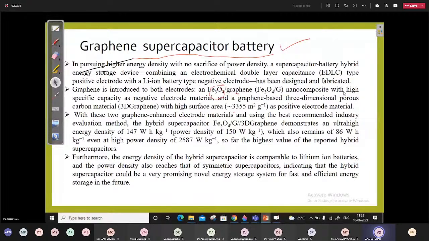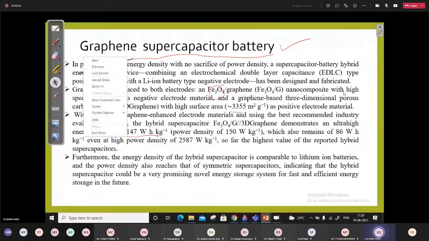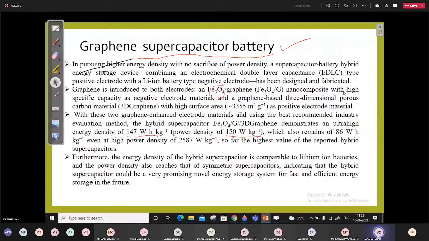And what they have observed is that it offers an energy density of 147 watt-hour per kg with a power density of 150 watt per kg, so that is an equivalency between energy density and power density. But this will also offer 86 watt-hour per kg even at a high power density of 2587 watt per kg. And it has been reported as the highest value so far for a hybrid supercapacitor.